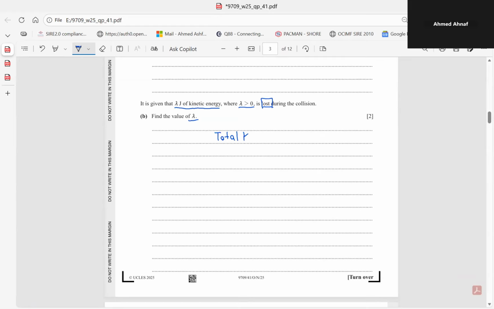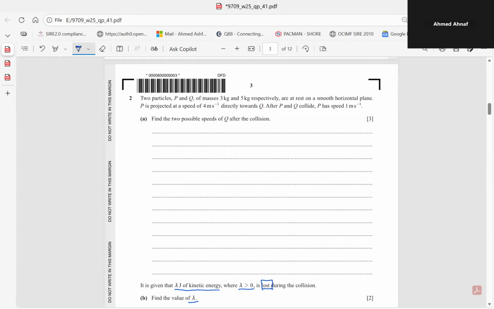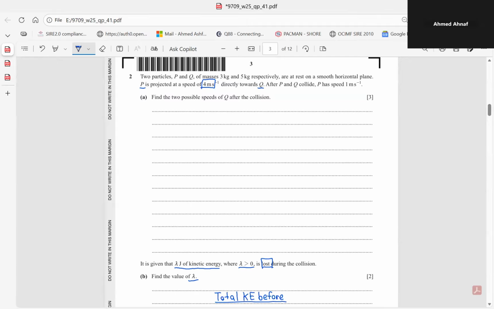So let's find before first. So before, P was projected at 4 meters per second towards Q. So that means Q was stationary, so it had no KE. So we only have to find the KE of P.